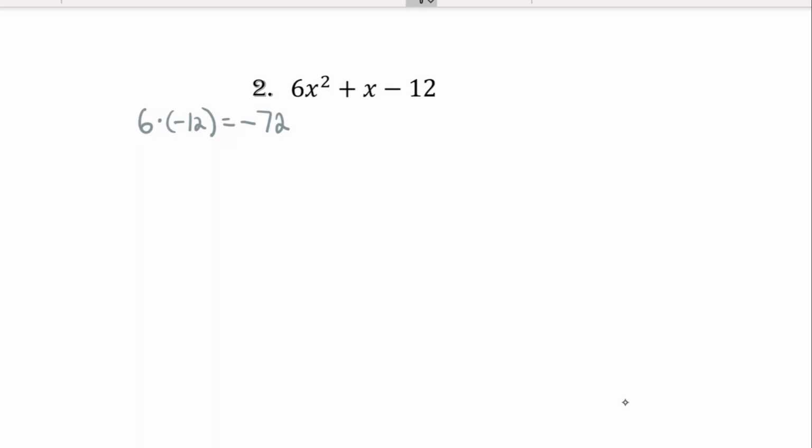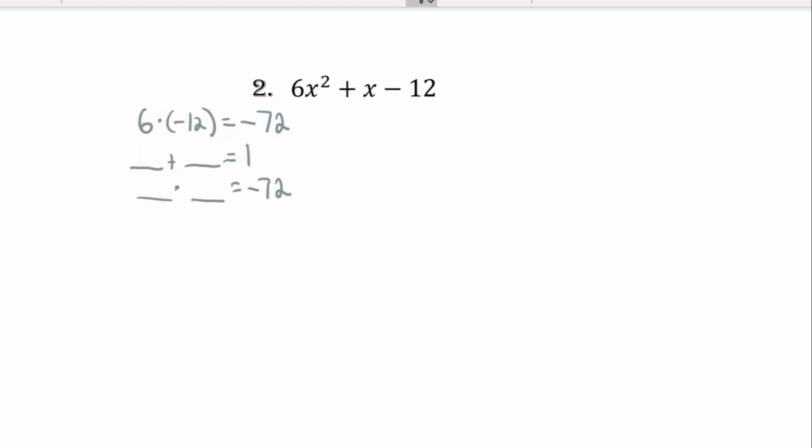All right, so I need to add up to be the middle, so the middle is just 1x, so it's just a 1, and I need to multiply to be the negative 72. All right, think about that. What's going to get me negative 72?